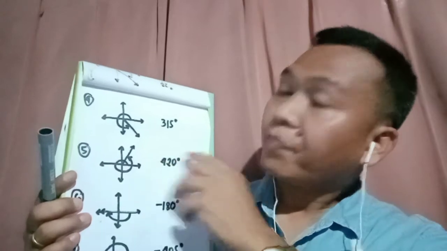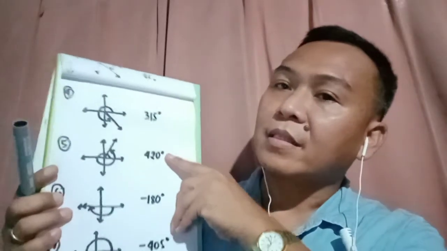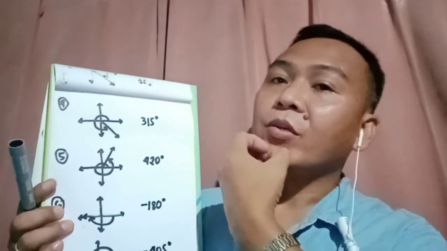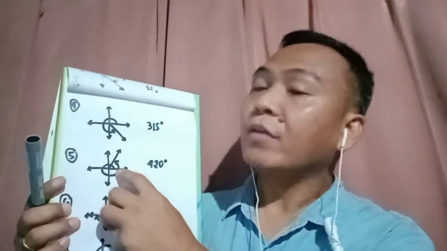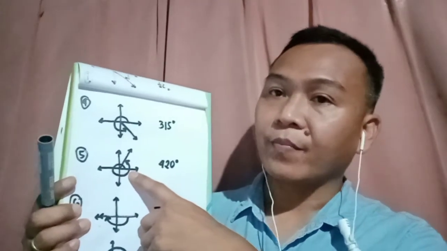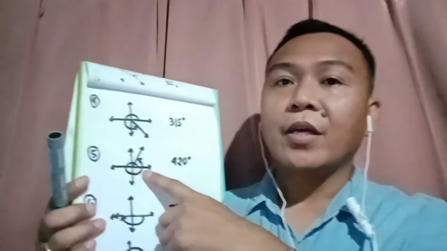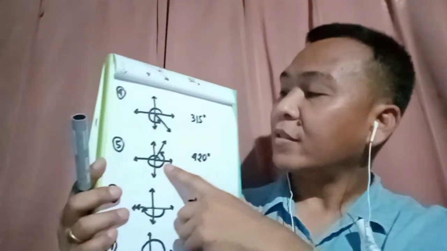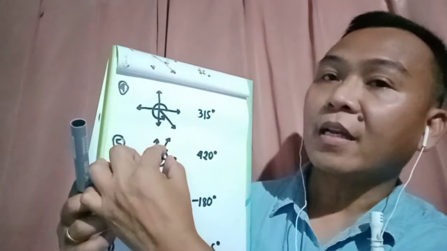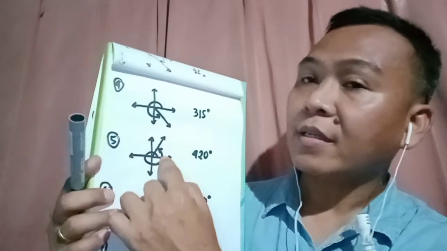How about 420 degrees? Take note that one complete rotation or revolution of the angle is 360 degrees. Now, how much do we need to have 420? So, this is 60 degrees plus 360 degrees.